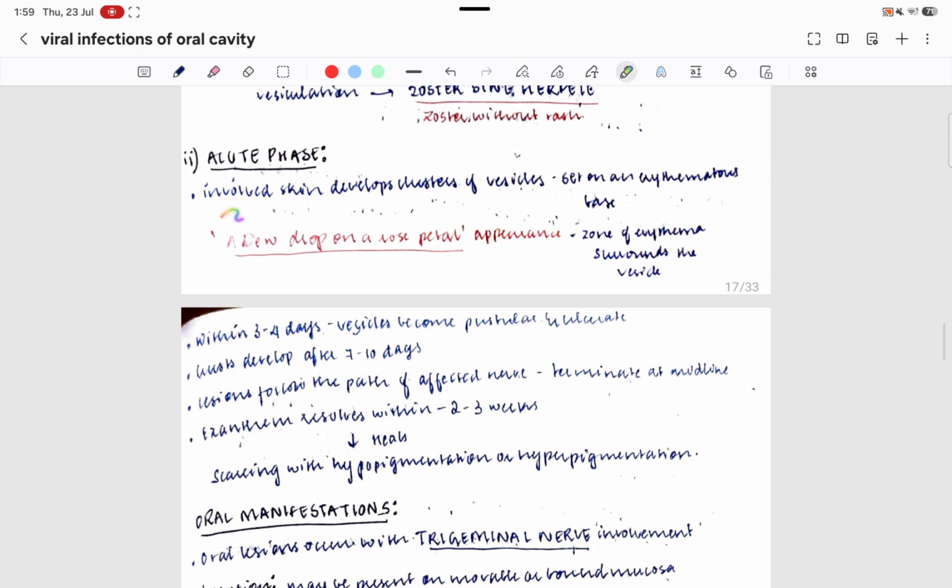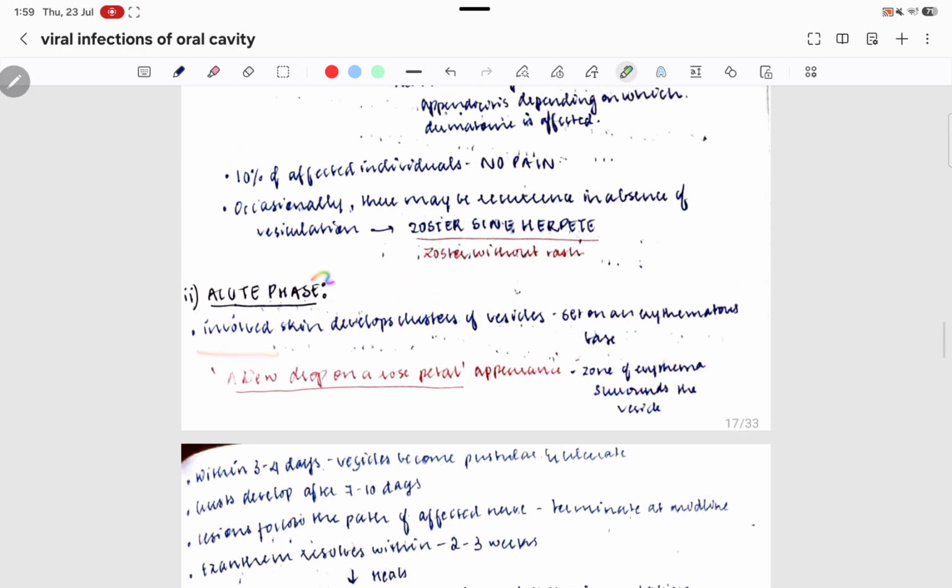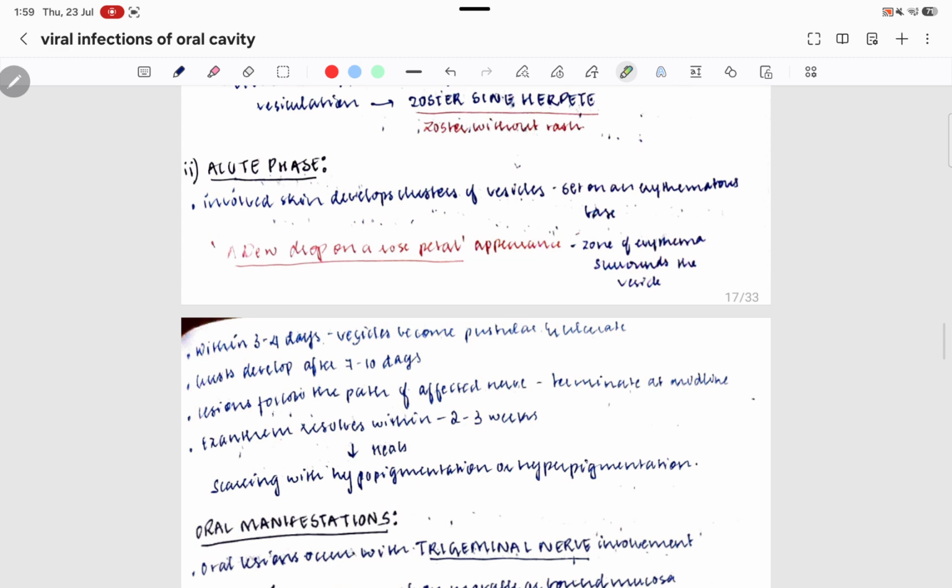The first phase was your primary phase, or your prodrome phase. Now your second phase is your acute phase. This acute phase involves the skin, which develops clusters of vesicles on an erythematous base.